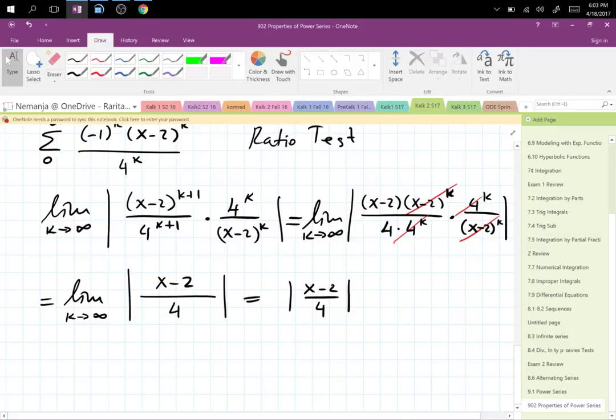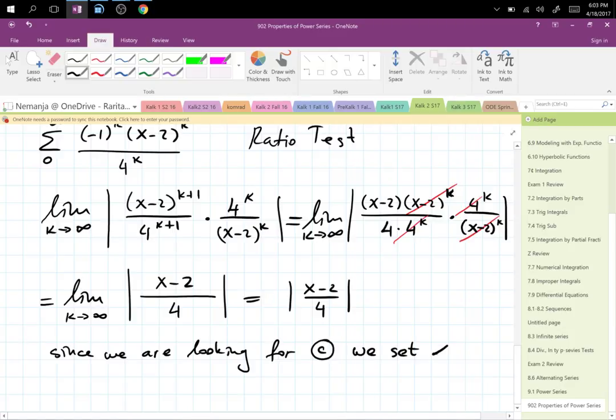Now, since we are looking for convergence, we set less than 1. So it is me who's going to come in here and put less than 1. Because a ratio test gives us convergence if the answer for the limit is smaller than 1.